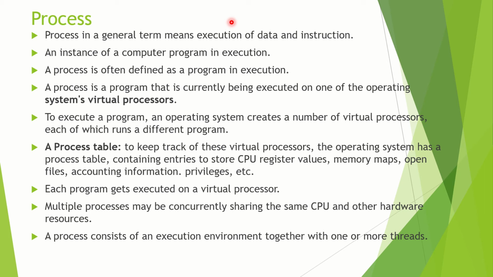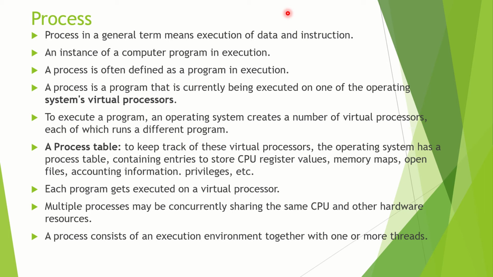A program by itself is not a process. A program is a passive entity, such as a file containing a list of instructions stored on disk, called an executable file. There are two common techniques for executing files: either by double-clicking the software, or by executing a file from the command line.